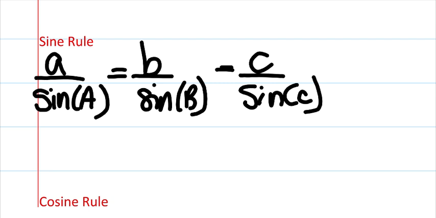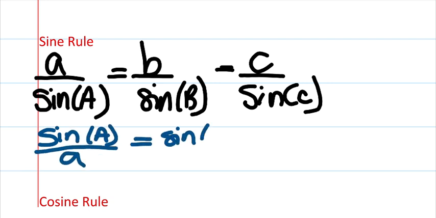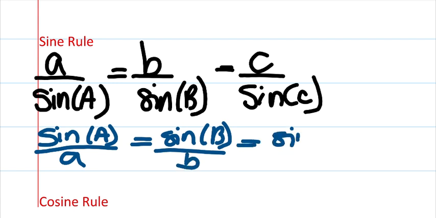You can also flip it, so you could also use the formula as sine of A over a is equal to sine of B over b is equal to sine of C over c. And you can use whichever formula you want depending on what the question asks.